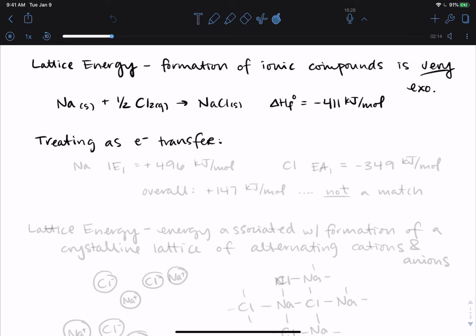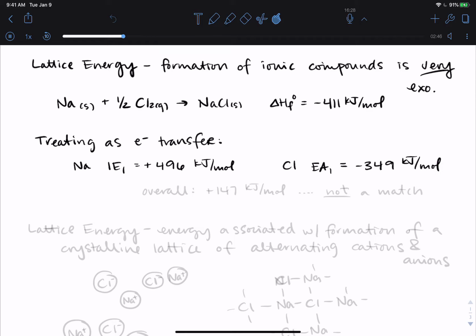So sodium giving up an electron, well, that's the first ionization energy of sodium. And this is a positive value, 496 kilojoules per mole. And for chlorine, we want to put an electron on there. That's the electron affinity, the first one at least. This is negative 349 kilojoules per mole.